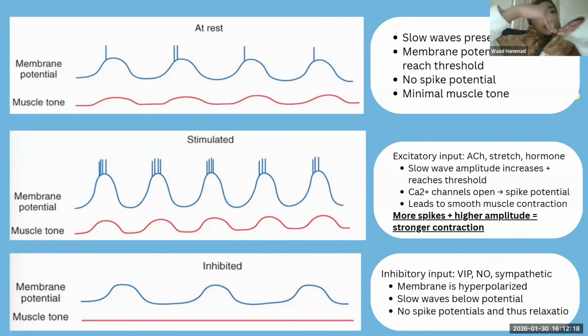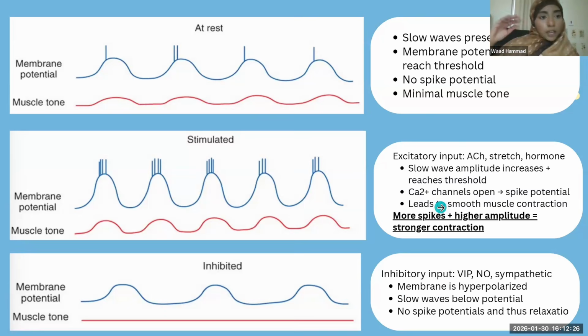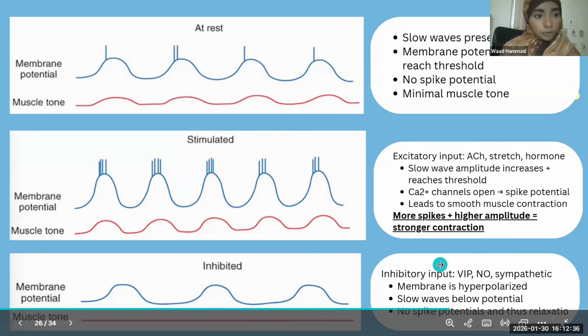When we want to open the sphincters, this is pretty much what it looks like. It's just slow waves that are below the threshold potential. It doesn't reach the threshold potential, so there's no contraction. That's why our sphincters are completely relaxed when we're trying to bring food through them. It's because we have this inhibitory input. So everything is relaxed.